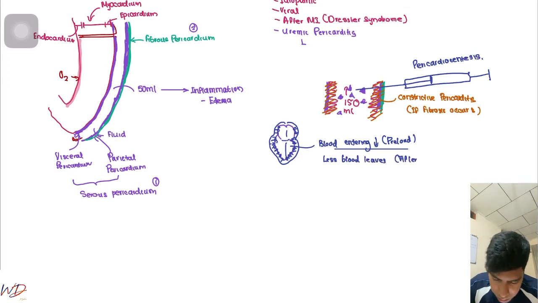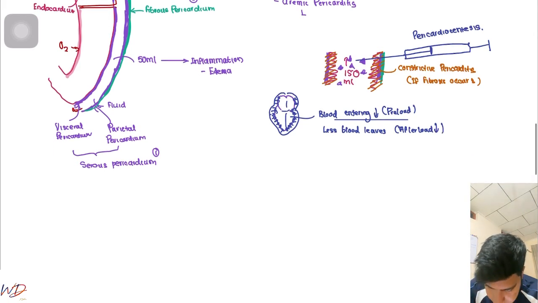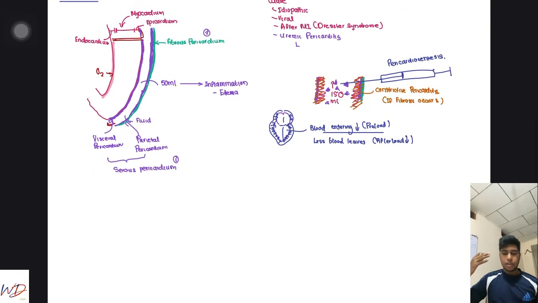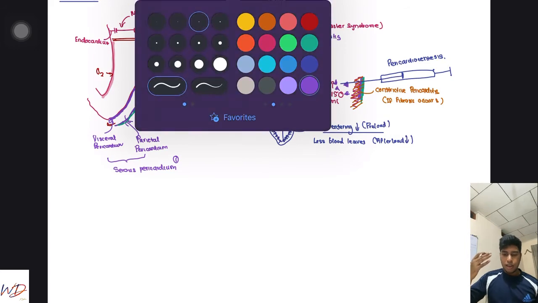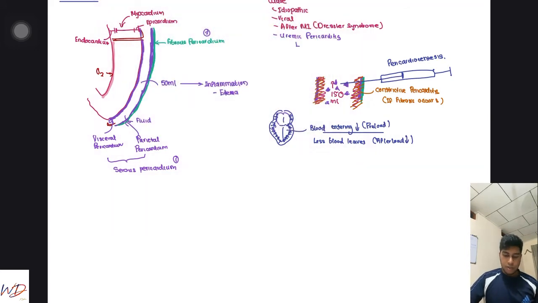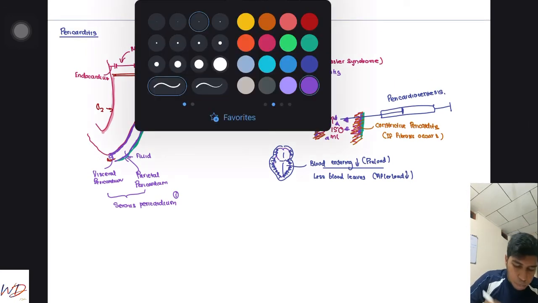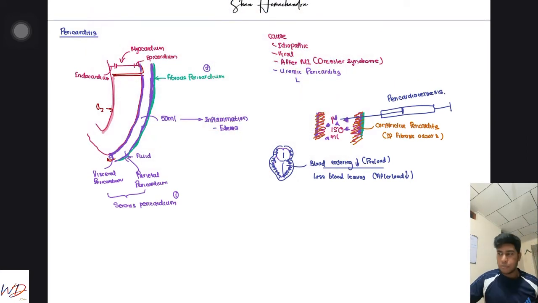So less blood leaves, that is, the afterload decreases. So when that happens, let's say not enough blood goes to the brain, you can have hypoxia and you can go into a coma. You can have different symptoms. It's called hypoperfusion of the cerebrum.